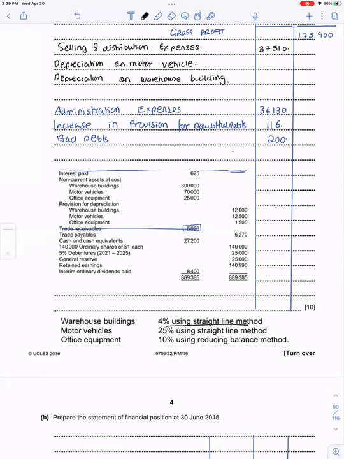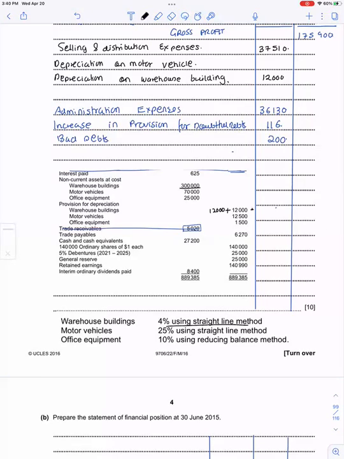Straight line method means depreciation is on cost. 300,000 into 4%. This will be 12,000. Where will you add this depreciation? In the provisions. Yes.